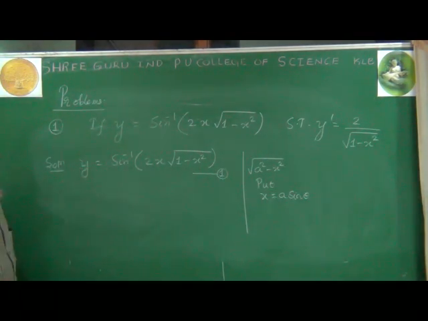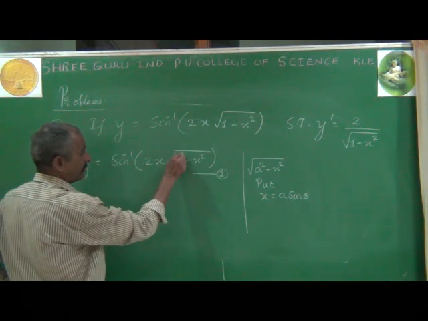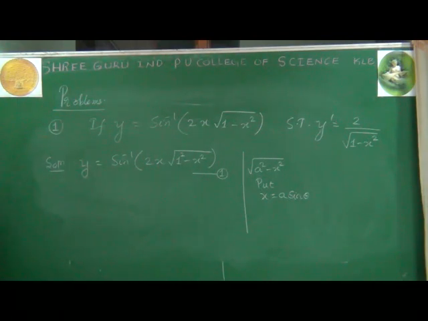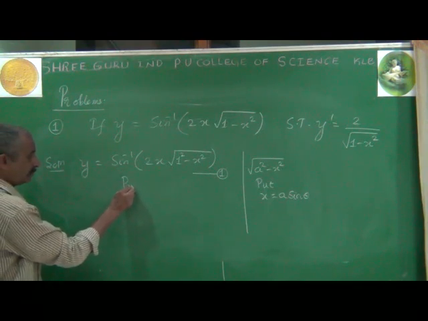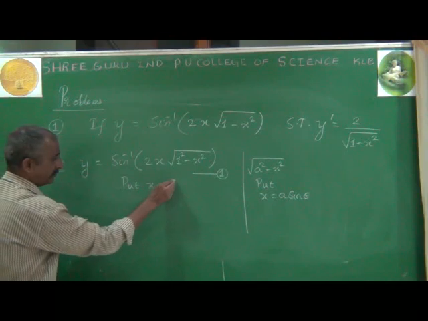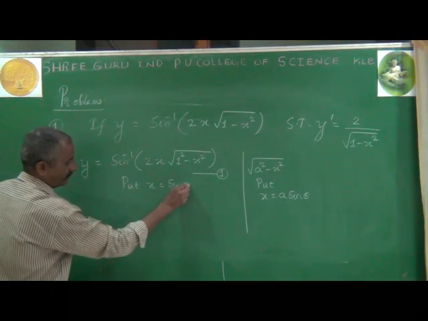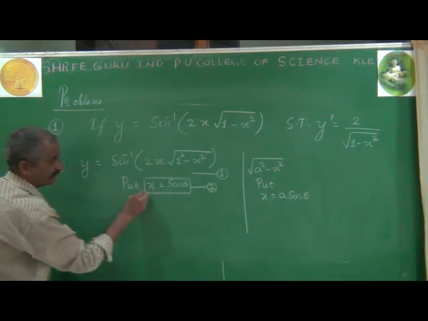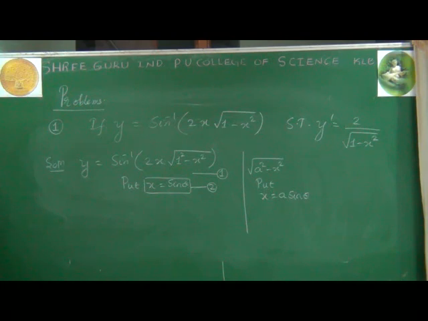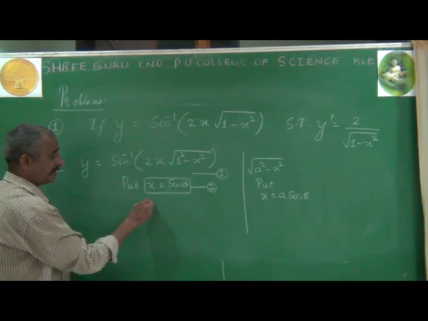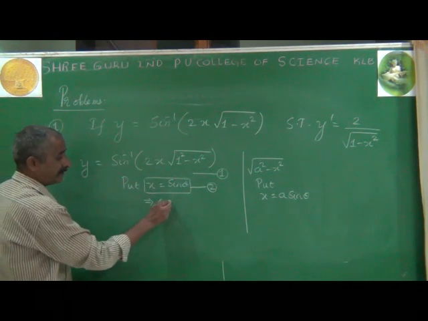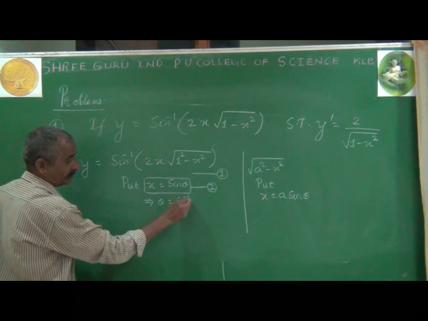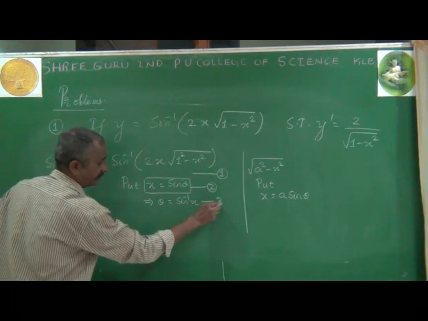Here 1 can be written as 1 square, hence a becomes 1. On that basis put x equal to sin theta. You may call it 2. Actually a sin theta, but a is 1, that's why it is dropped. x equal to sin theta implies theta equals sin inverse of x. That is quite obvious. You may call this 3.